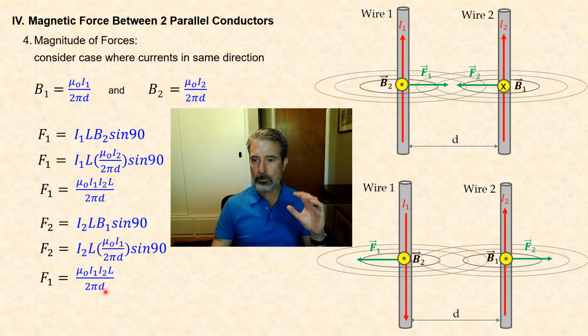So the magnitude of the force on wire 1 is exactly equal to the magnitude of the force on wire 2. Think about what Newton's third law would tell you about that. We'll try to demonstrate this in the next slide, so at least you can believe that current carrying wires do exert a force on each other.